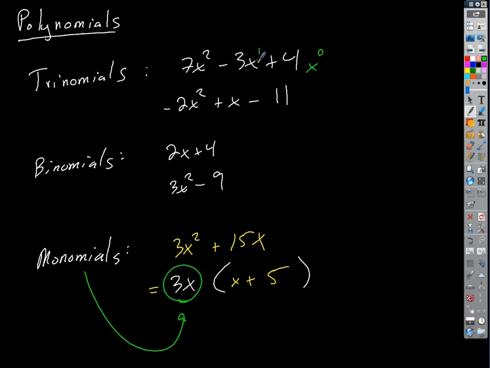So a polynomial is just a sum of terms, but the recipe for building each term has two things. The exponent is a whole number.